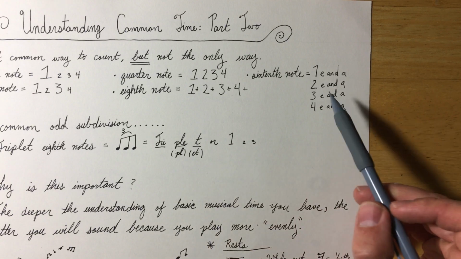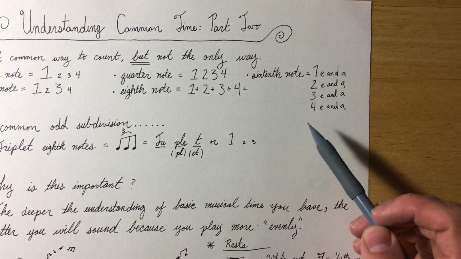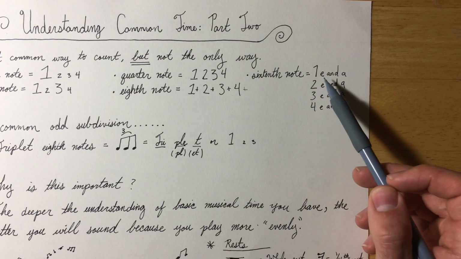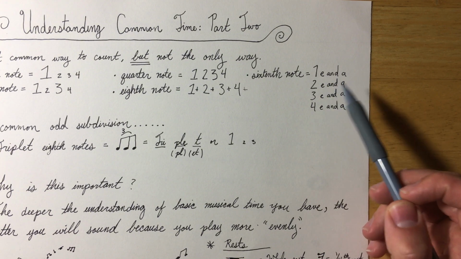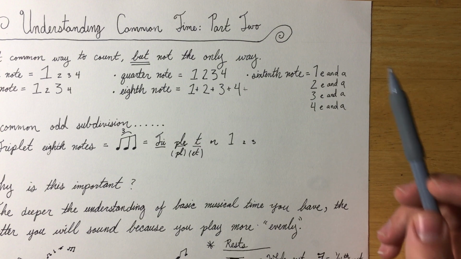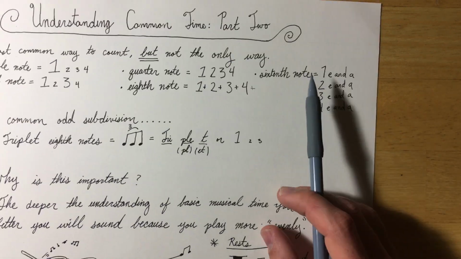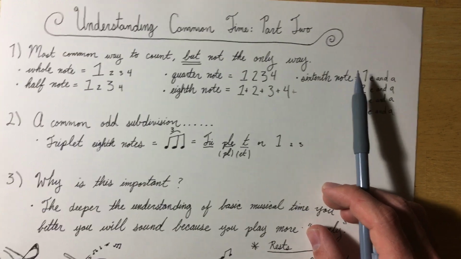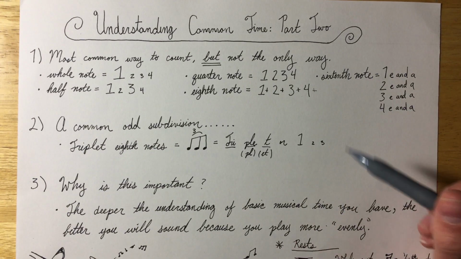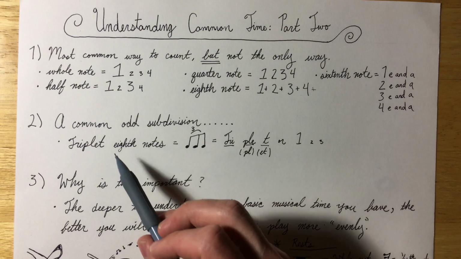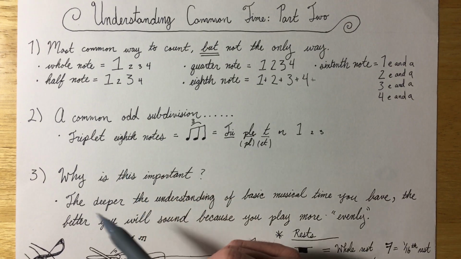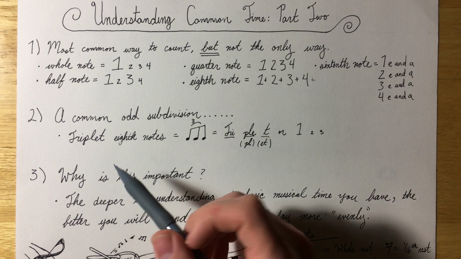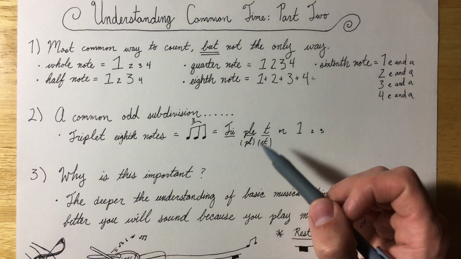Now we'll go over here to the 16th note. A 16th note gets a fourth of a beat, and I've seen this counted as 1 e and 2 e and 3 e and 4 e and. So that's how you count the most common note durations that you're going to come across in common time. Another common odd subdivision of a beat is triplet eighth notes, which is just dividing the beat into threes.